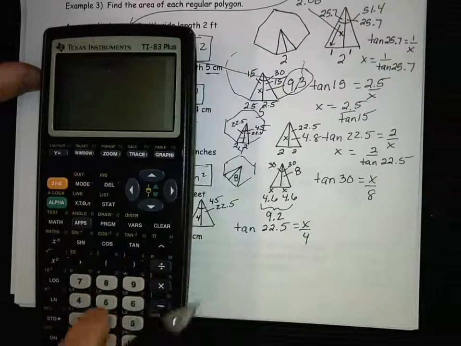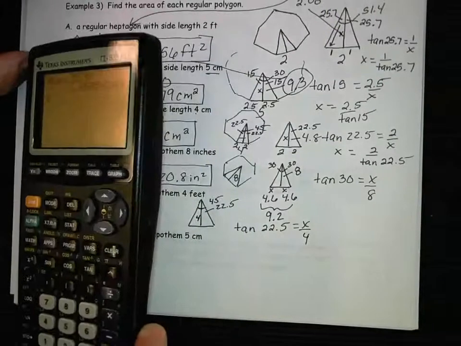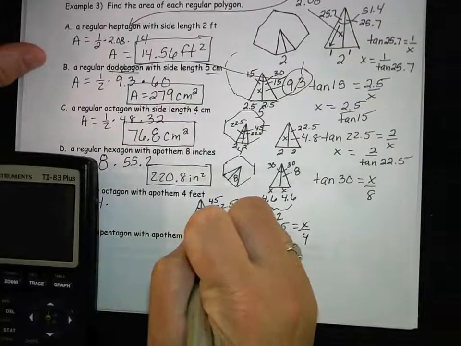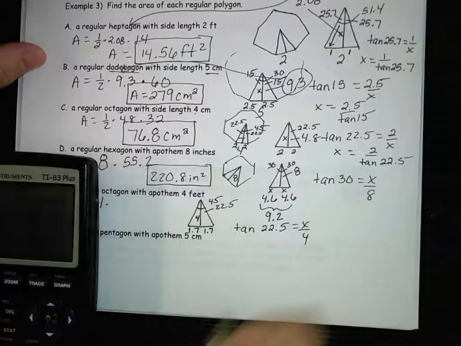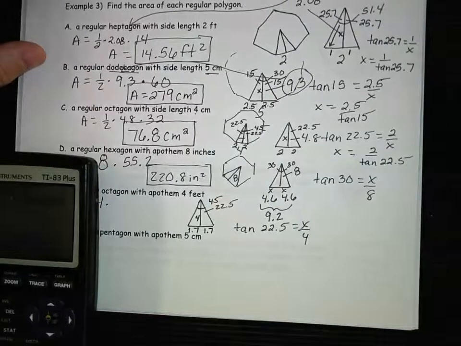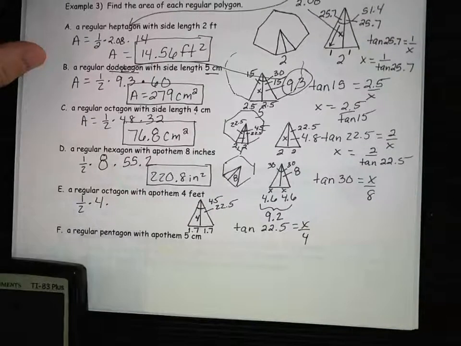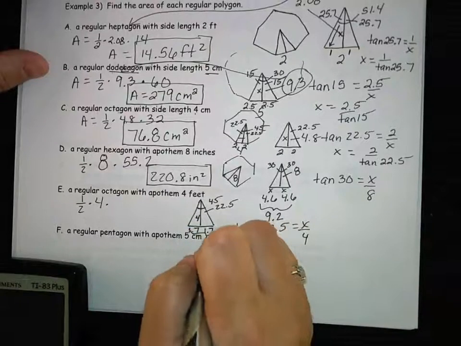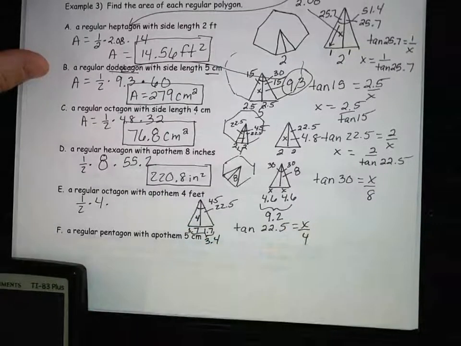4 tangent of 22.5 is 1.65, I'm going to round that to 1.7. So both of those pieces are 1.7. That means the entire side length here then is 3.4.